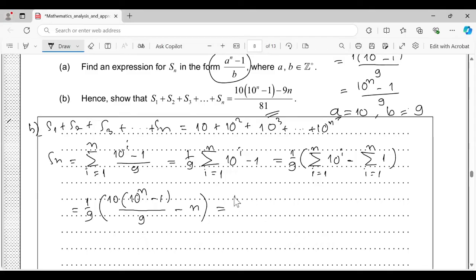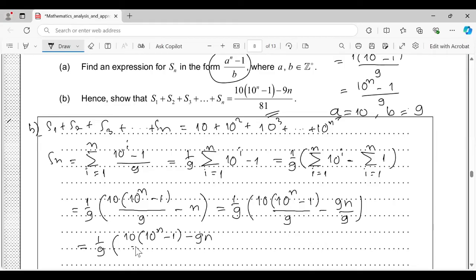Okay, and it becomes 1 over 9 times 10 multiplied by 10 to the power n minus 1 over 9 minus 9n over 9. It becomes 1 over 9 multiplied by 10 times 10 to the power n minus 1 minus 9n over 9.